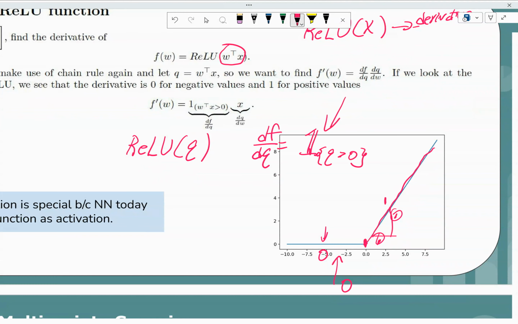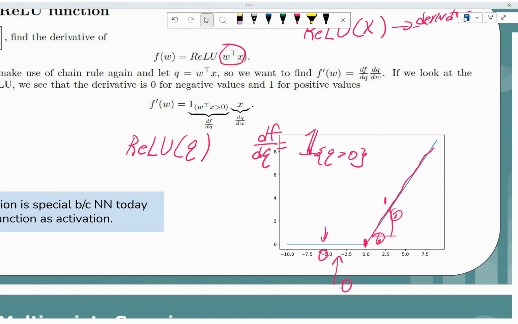Okay, so this right here is kind of like an indicator function. It's an indicator, basically saying that if Q is greater than 0, we're going to get a 1. And if Q is not greater than 0, we're going to get a 0. Okay, that's what this function says.